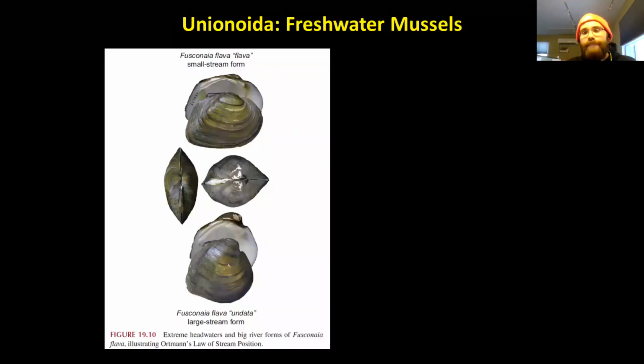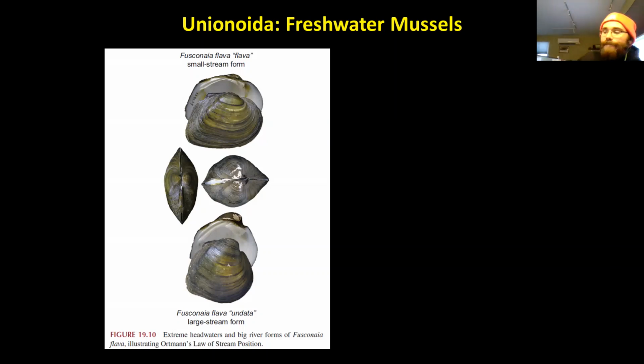So here we have an example of freshwater mussels being very confusing, frustrating creatures. Freshwater mussels in general have a gigantic amount of diversity to their shells. But another curious thing that happens with them is we've got another case of form fits function, but on a slightly different scale.